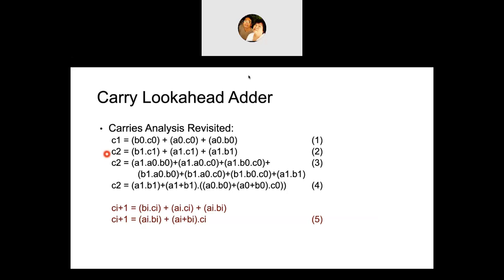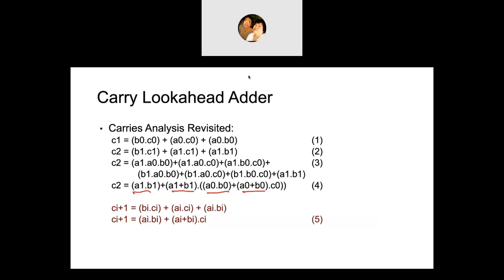We put C1 in the equation of C2 and we get something like this. This is the equation for C2. But we can rearrange the terms here into this kind of form. You notice that we have AND, we have OR, and then we have AND, then we have OR.